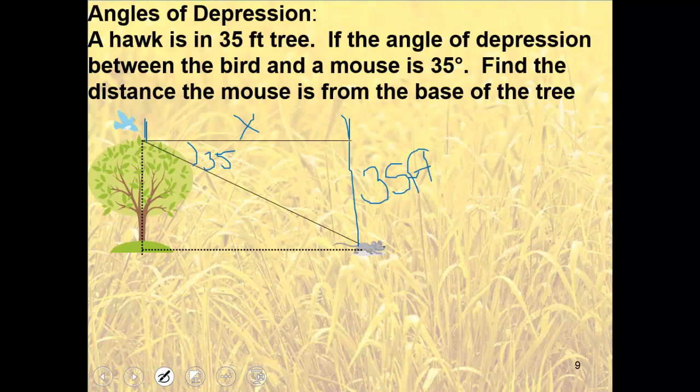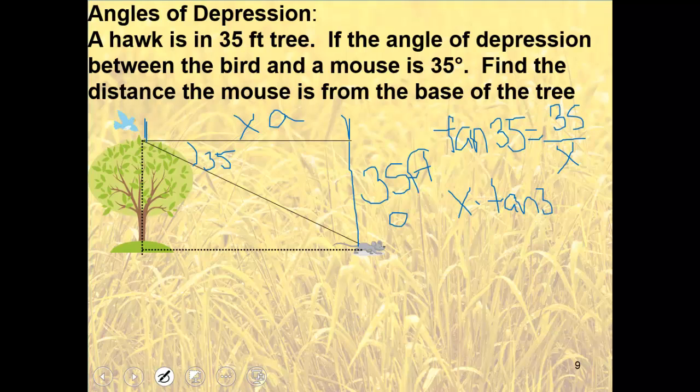So what do I have? I have a side opposite, and I'm looking for a side adjacent. So I'm going to use the tangent. Tangent of 35 is equal to 35 over x. I'm going to solve for x, which means I multiply both sides by x, and then I divide both sides by the tangent of 35.